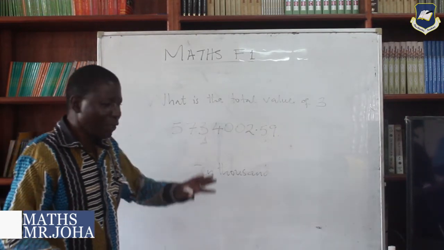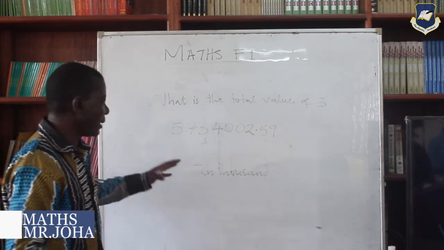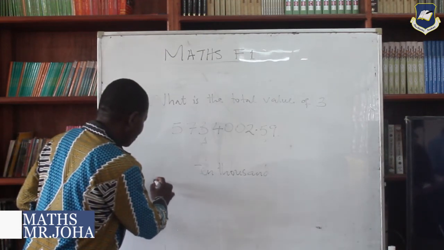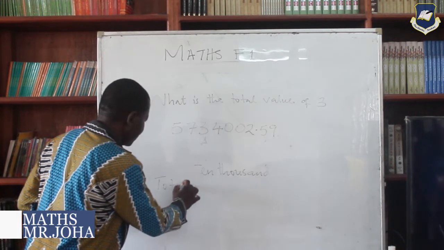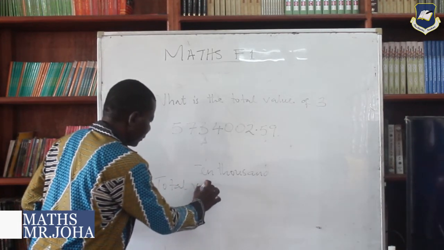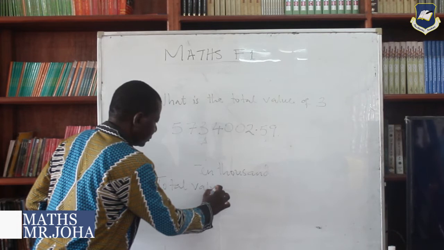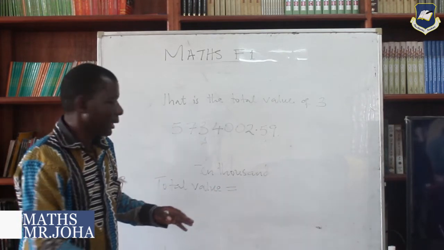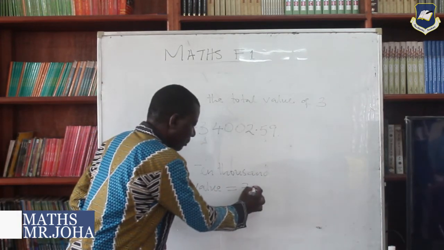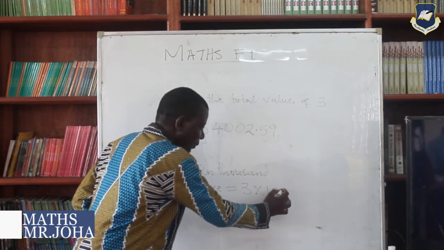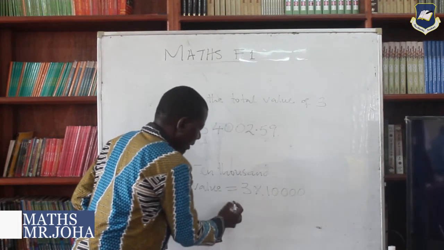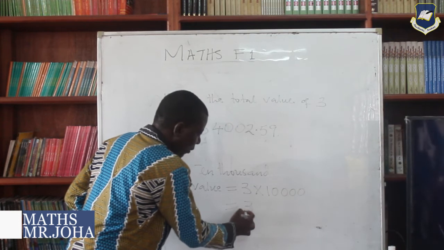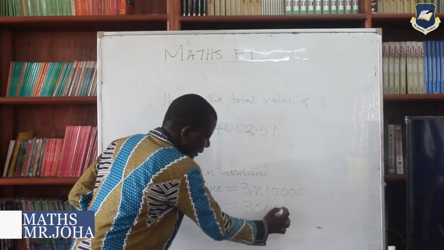So I hope you have taken the digit 3 multiplied by its place value 10,000, and therefore I hope you've got 30,000.